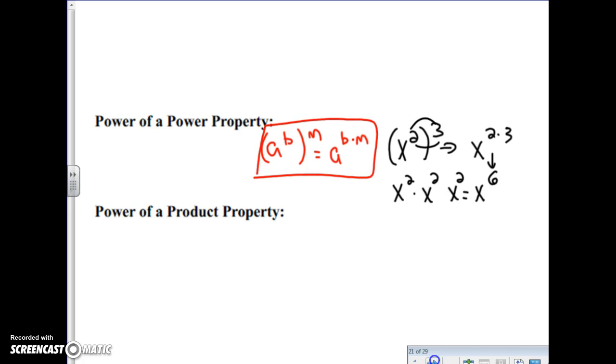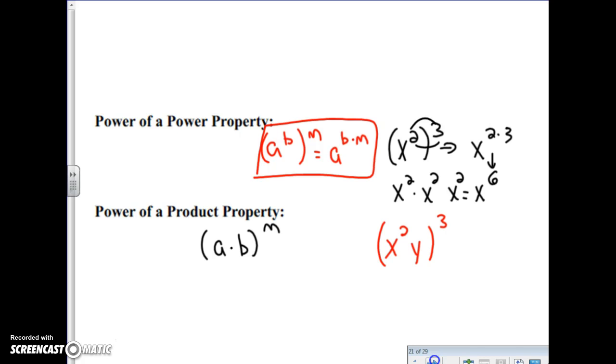Okay? Now the other one that we want to talk about is the power of a product. So what does this mean? I'm taking a and b to a power. So if I just think about this, like if I just take x squared y to the third power, what does this mean?